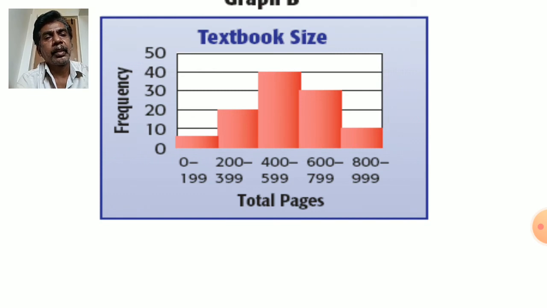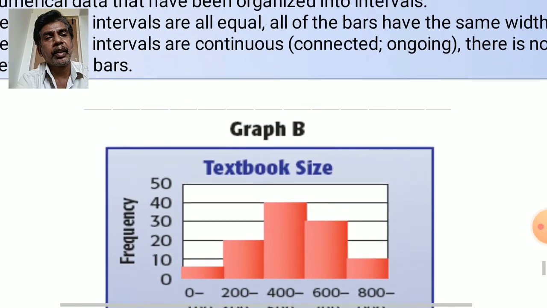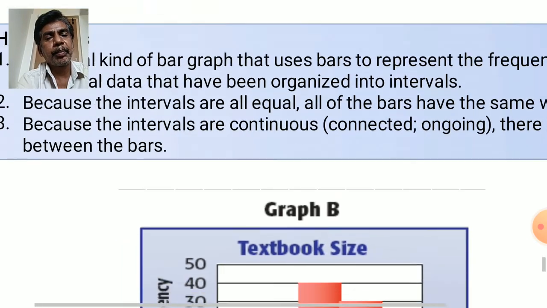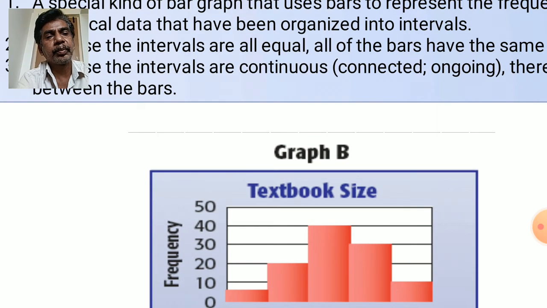So total pages are on the x-axis and frequency is on the y-axis.